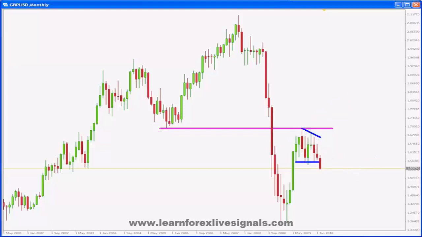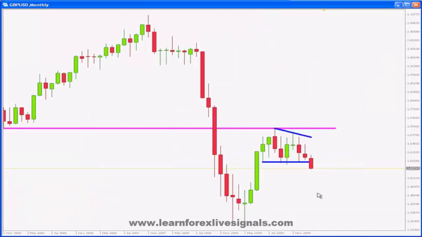Now, I was basically looking to take a trading opportunity on the monthly time frame at that moment. However, I just didn't spot any of the price patterns that I like to base my entries around. I was spotting this bounce down here, and I was searching for price action around that level.